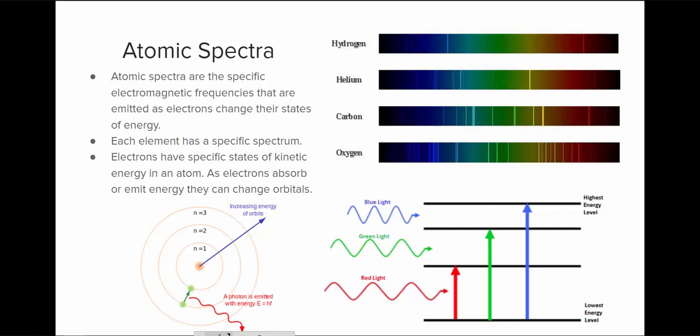And then when it falls down, it will give off that same photon of light. And so here we talked about this in the last unit, that each element has its own atomic spectrum. So hydrogen has particular spectral lines, helium has lines, carbon has spectral lines. This is because of the electrons jumping up and down in your energy levels. Does that make sense?